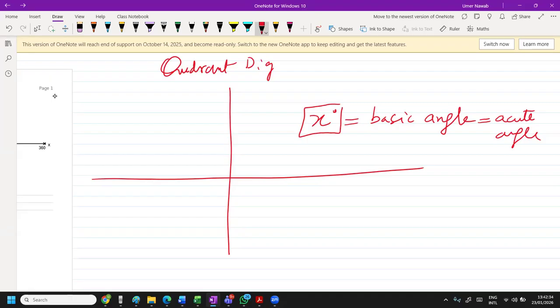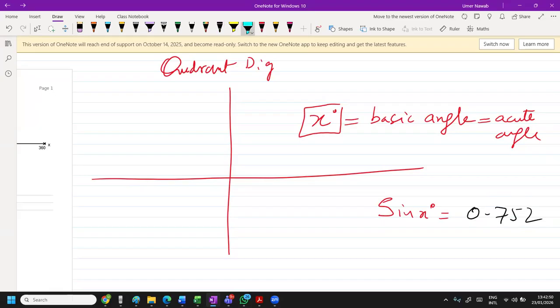But if I'm writing here sine of x, and I want a positive answer, suppose I'm writing here 0.752.